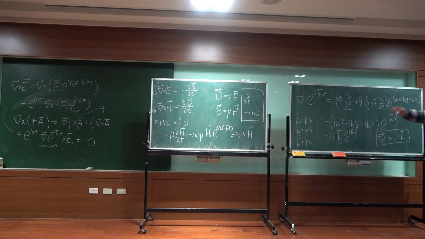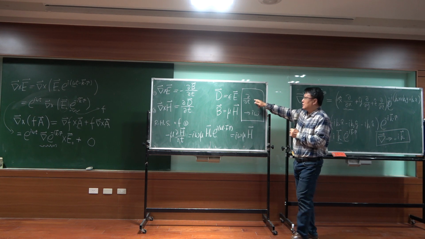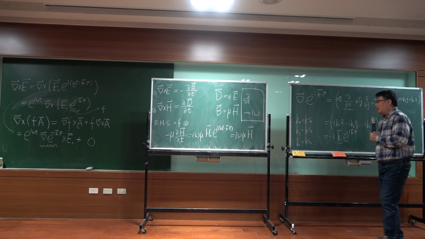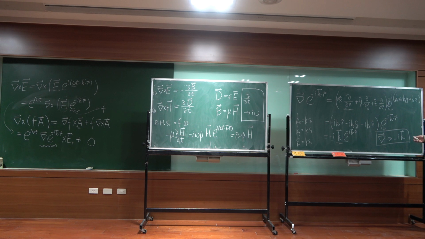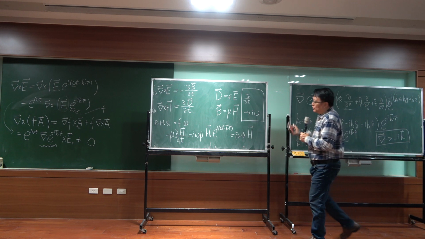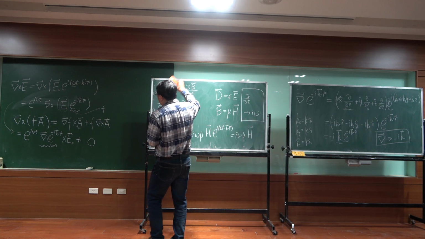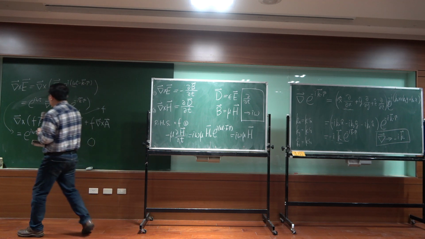Once we encounter a monochromatic wave represented by a complex vector, we can replace the partial derivative with respect to time by i omega, and the del operator by minus ik. So we use this replacement and apply it to these two equations.